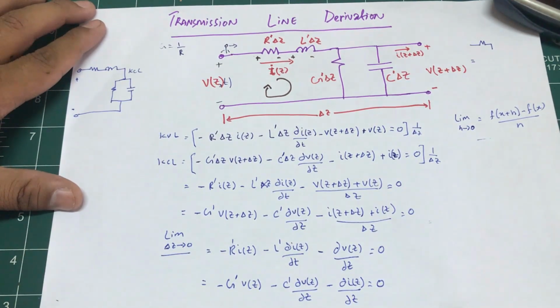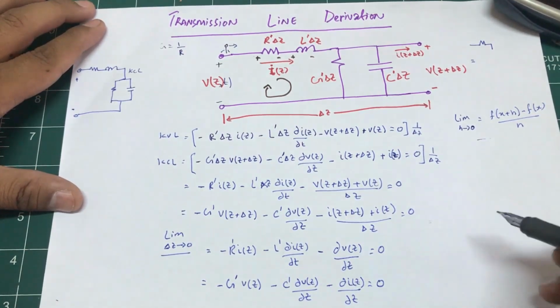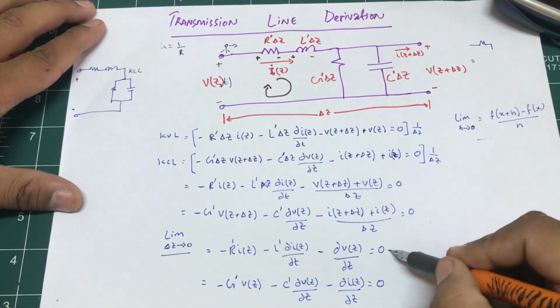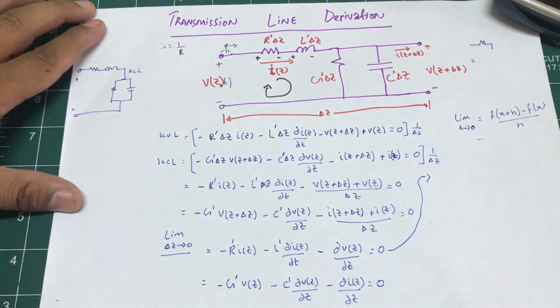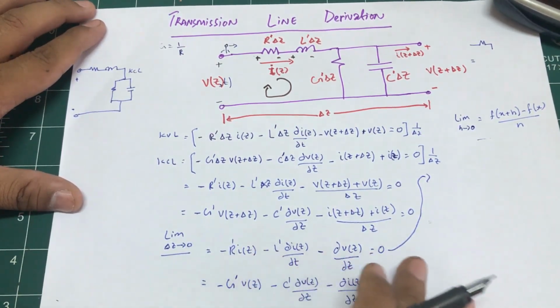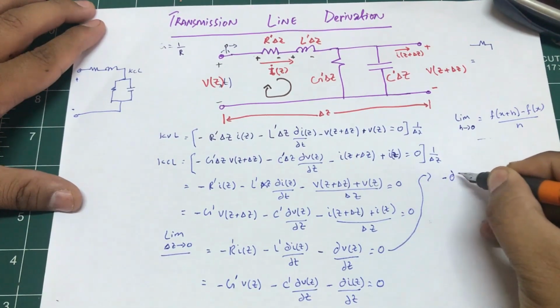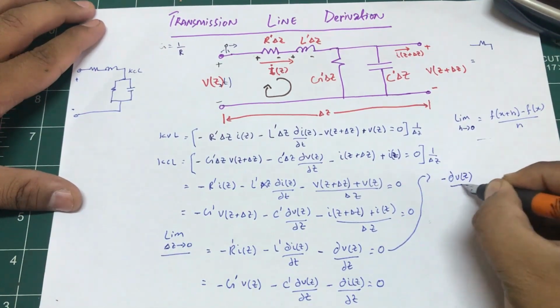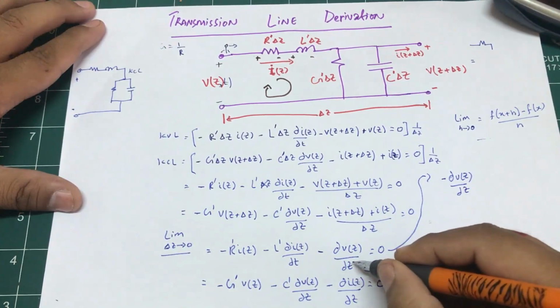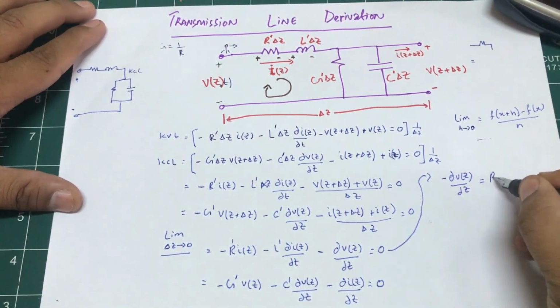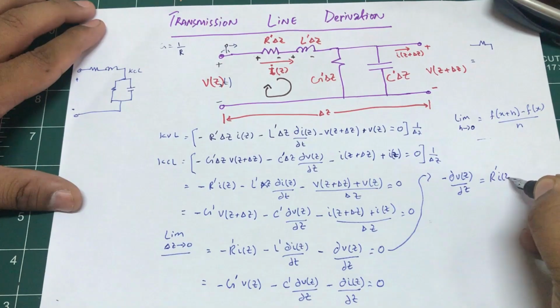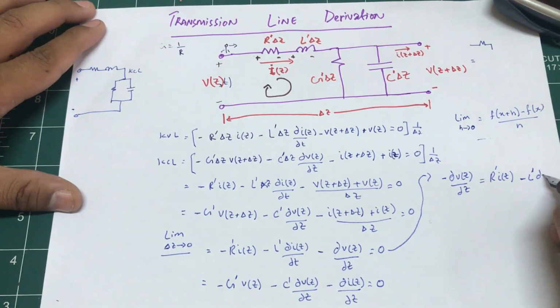All right, I'll come up with these two equations. Then I can rewrite these two equations. Let's take both of these guys and take them on this side. So the first equation would become negative dV of z over dz equals positive R' I of z plus L' dI of z over dt.